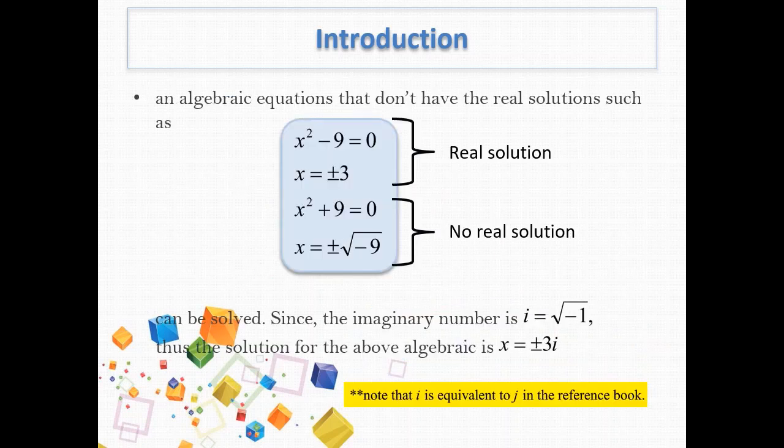Thus the algebraic equation that does not have a real solution, such as x squared plus 9 equal to 0, is a quadratic equation that has no real solution.